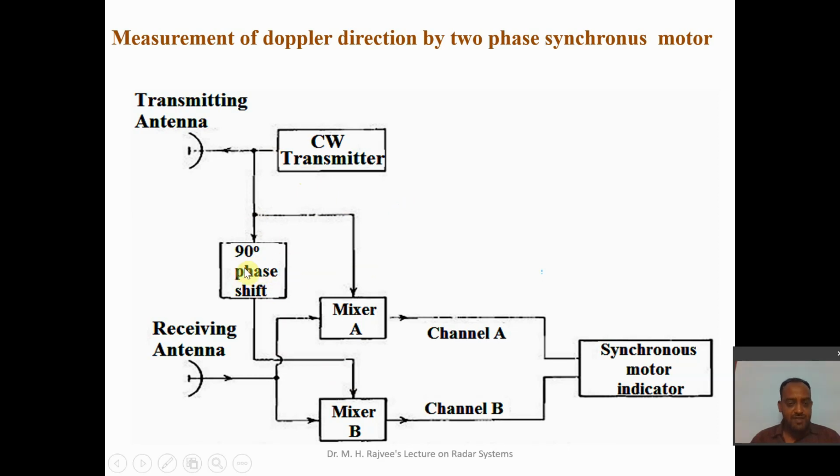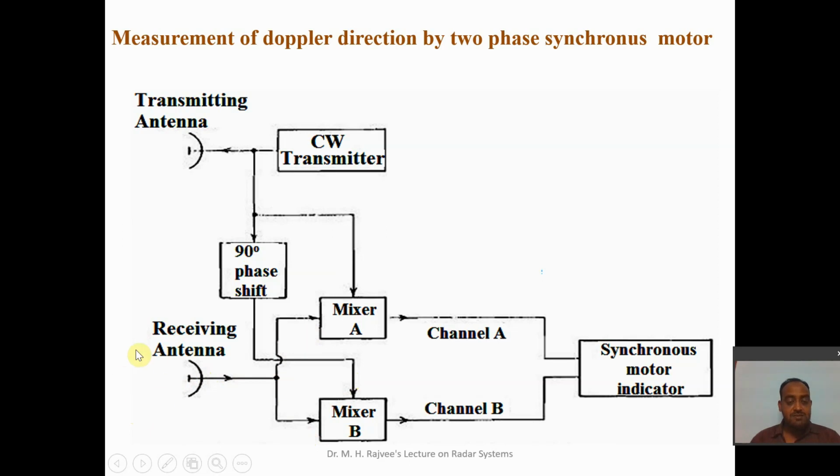So this is a 90 degrees phase shifted signal supplied to the mixer. These two mixers get one signal, like here for mixer A it is f0 directly, and for mixer B it is 90 degrees phase shifted f0. The other signal to this mixer and this mixer is f0 plus or minus fd.